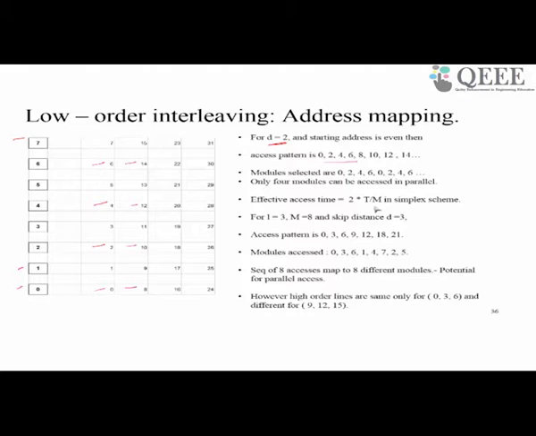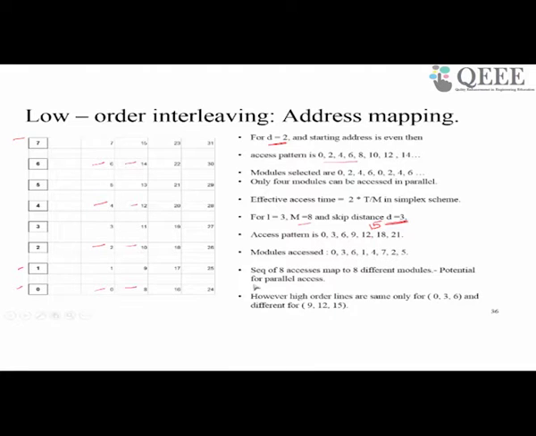Now let us take a case where the skip distance is 3 and we have 8 modules. Then the access sequence will be like this: 0, 3, 6, 9, 12, and of course 15 will be there, which is missing here, 18, 21.